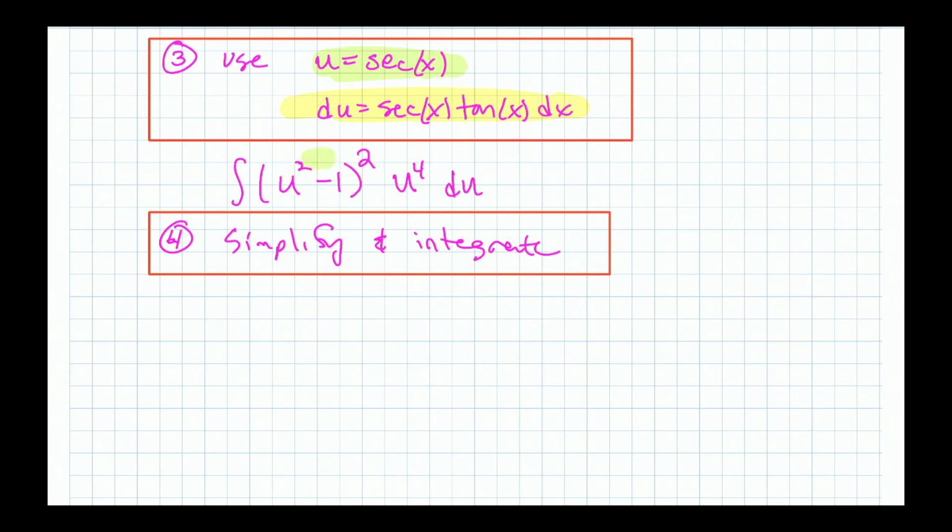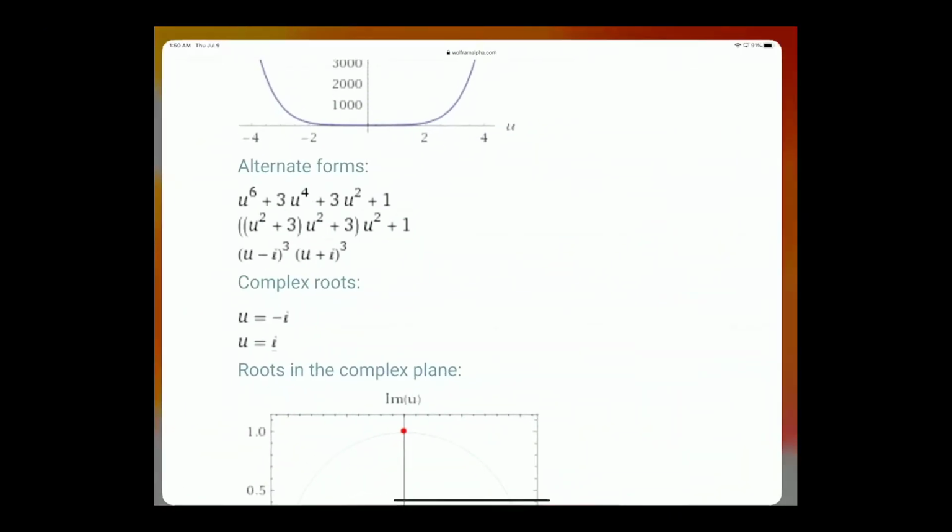Well, really, it's just this right here needs to be all multiplied out. And again, you can obviously do that by hand, or to save some time, use Wolfram Alpha if you want. So it's u squared minus 1 squared, and then u to the fourth.